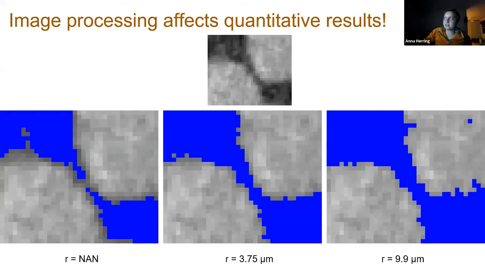And so what this means is that, for example, if I'm trying to measure the size of that particular pore throat at that point, depending on how I decide to label the pore space versus the grain phase, we can end up with different values for the radius of that pore throat. So we could even end up with, there is no pore throat there, the radius doesn't exist, or we could end up with a smallish number, or we could end up with something that's 2 to 3 times larger.